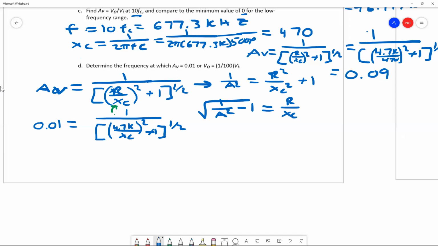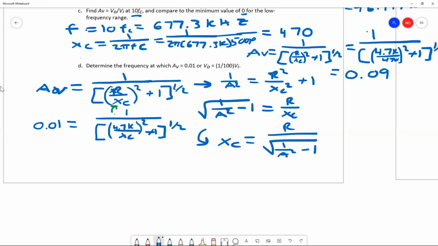At the end, you would multiply both sides by XC, and divide both sides by A. And you would end up with the final value, which is XC equals R over the square root of 1 over A squared minus 1. Then you would just plug those values in, and you should get the same answer.